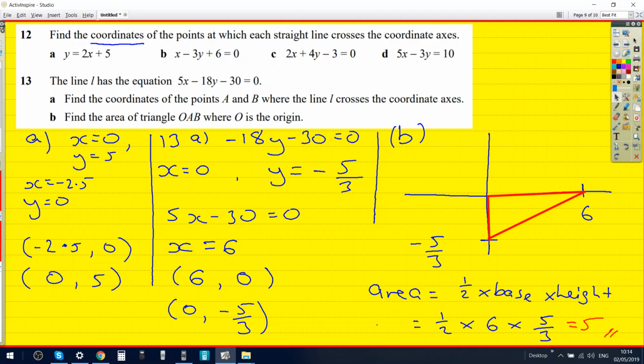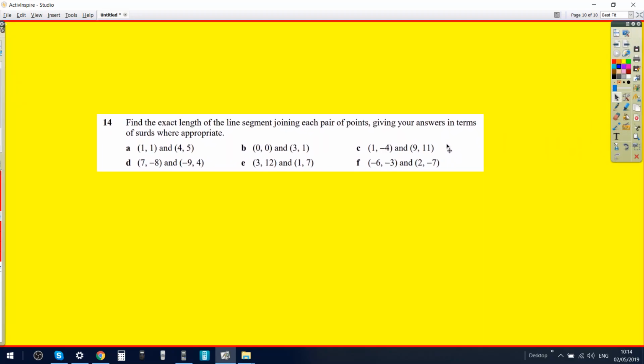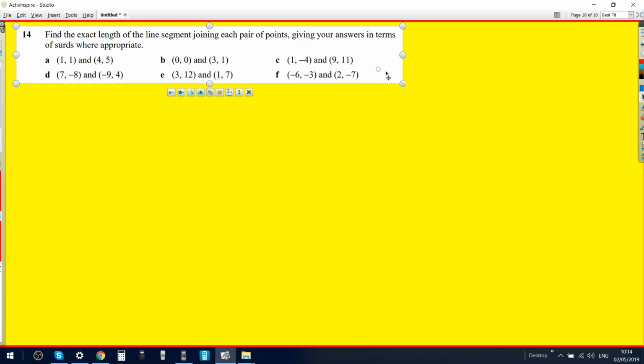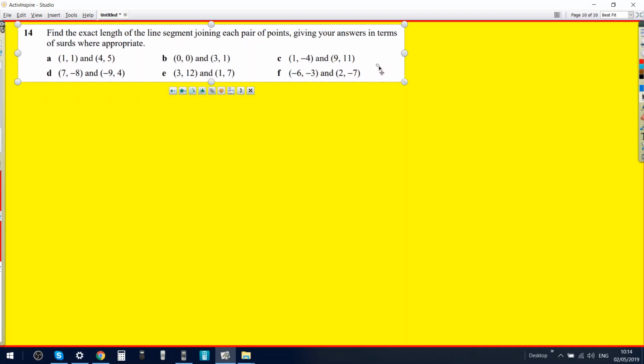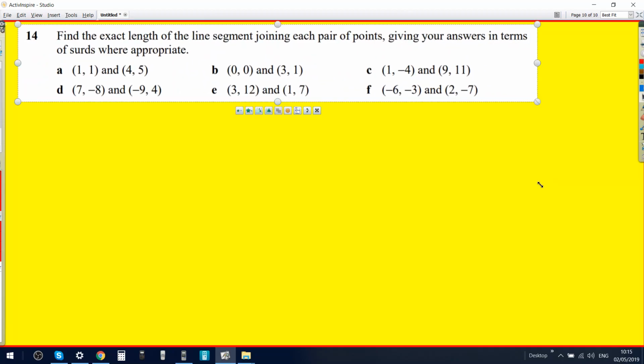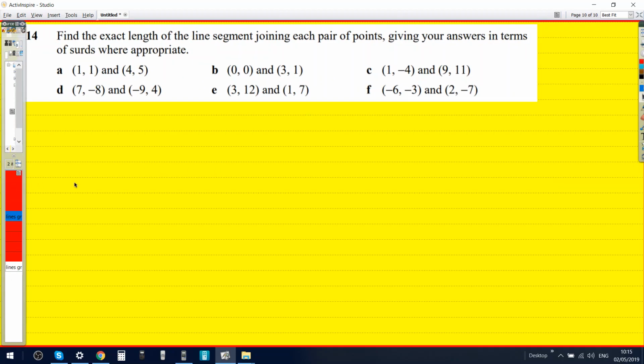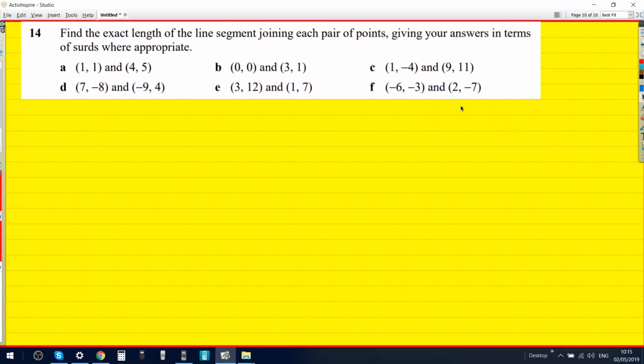Is that what it means by the line segment? Yeah, a line segment. So a line goes on forever, and then a line segment has a start and end. So it's only part of a line. Yeah. So you're just doing Pythagoras, and so you've got one point, you've got another point. That one's 1, 1, and that one's 4, 5, and you have to find the length.